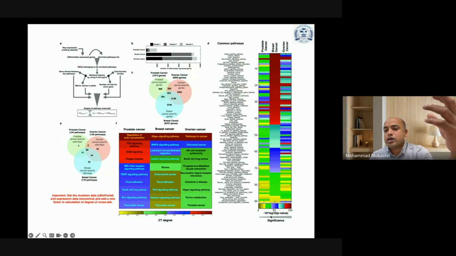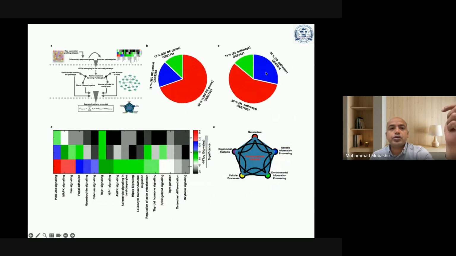And here it is minus log 10 of p-values, just to scale down for better clarity and presentation in terms of color, so that it could be easily identified which pathway is more significant in which type of cancer. Now, this is another way of representation.